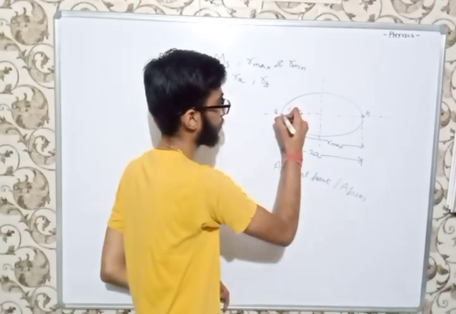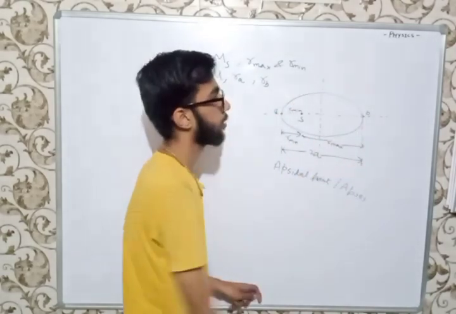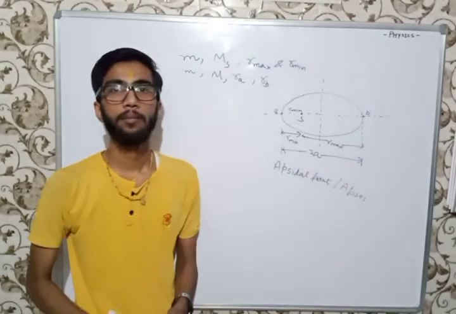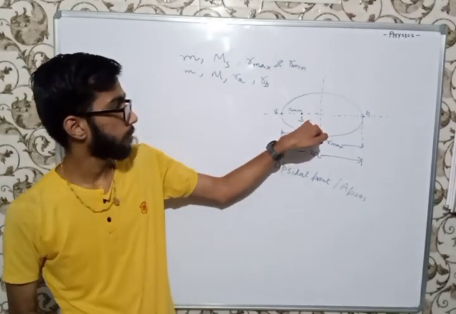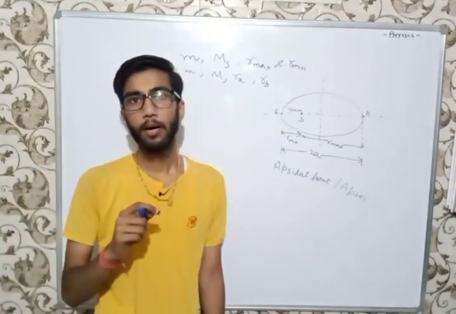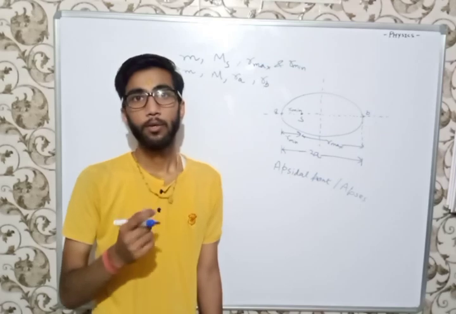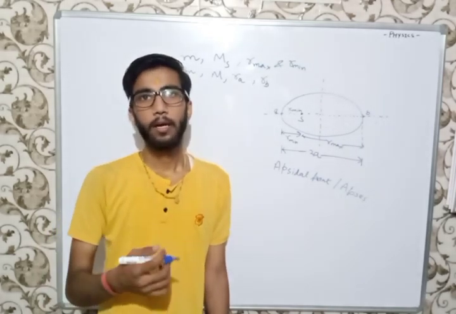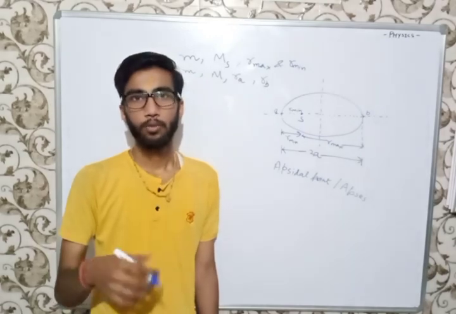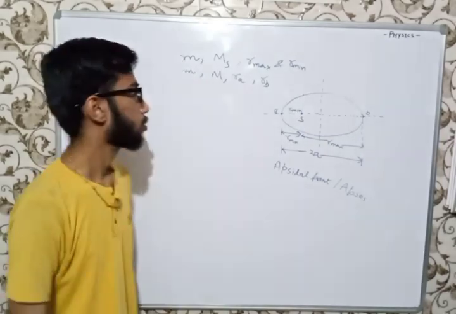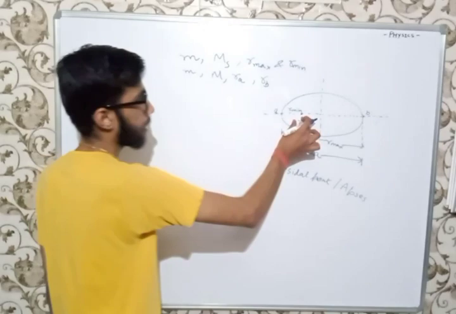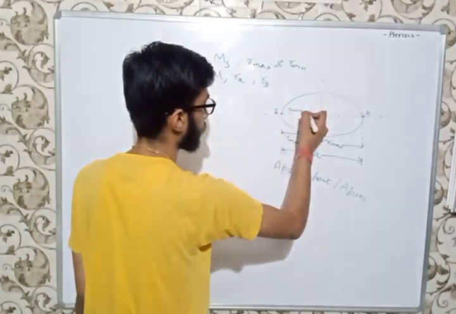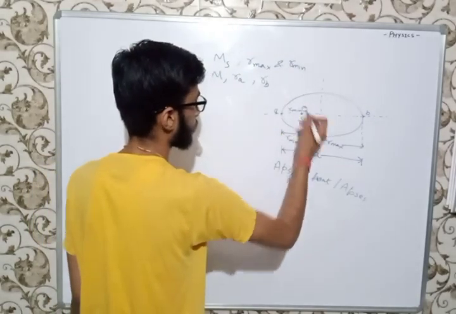So the planet is somewhere here or anywhere. The angular momentum of the planet with respect to the sun. I will choose my origin as that point with respect to which I have to find the angular momentum, angular velocity, or torque, or anything. So I will choose the sun as my origin. That's my reference point.